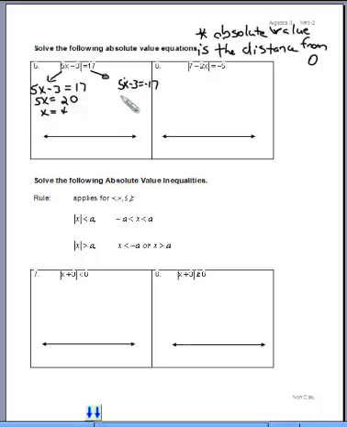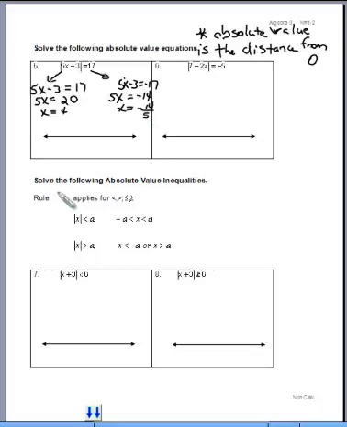Here, adding 3 to both sides, but now we had a negative 17, so 5x is equal to negative 14. And so when I divide by 5, x is equal to negative 14 fifths, and we cannot reduce that fraction anymore.